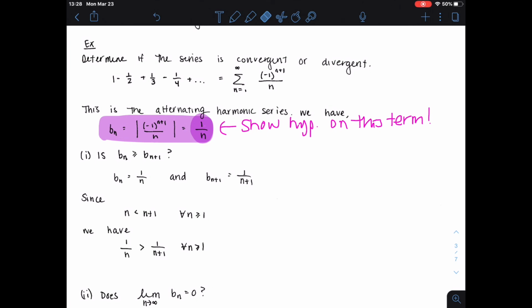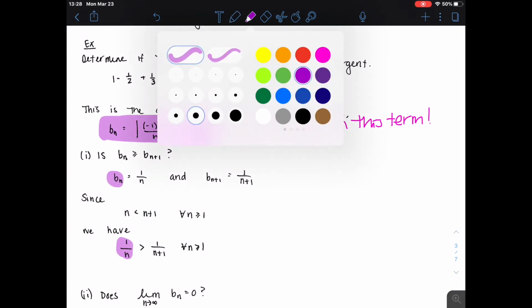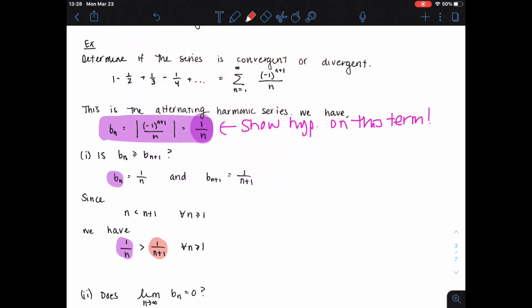So when you flip them, you get the reverse inequality. 1 over n is exactly Bn. 1 over n plus 1 is exactly the n plus 1 term. So Bn is bigger than Bn plus 1. So yes, this is decreasing. Okay, so the first hypothesis is satisfied.